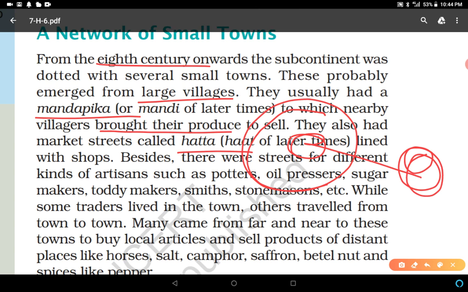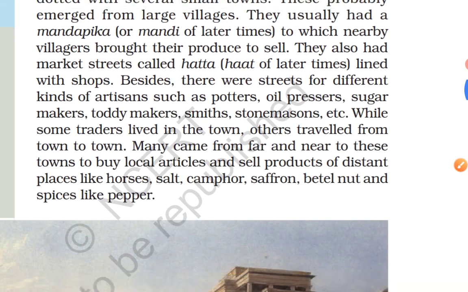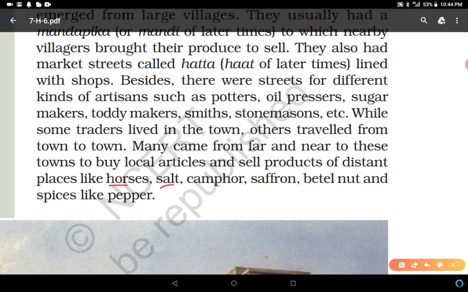Besides, there were streets for different kinds of artisans such as potters, oil pressers, sugar makers, toddy makers, smiths, stonemasons, etc. While some traders lived in the town, others traveled from town to town, and many came from far and near to these towns to buy local articles and sell products of distant places like horses, salt, camphor, saffron, betel nut, and spices like pepper.